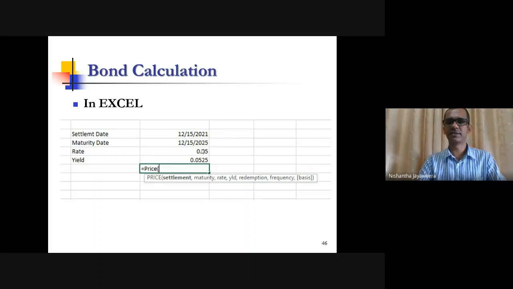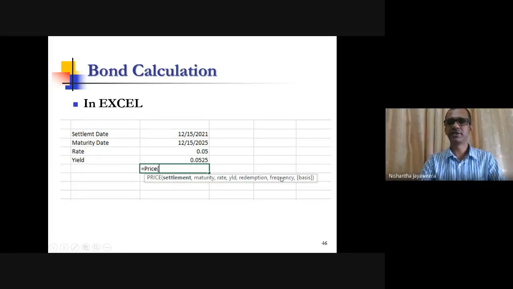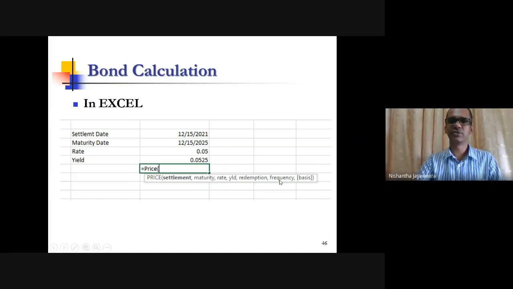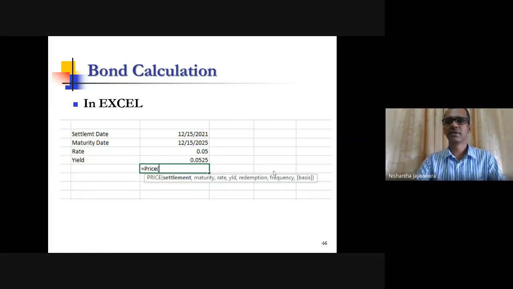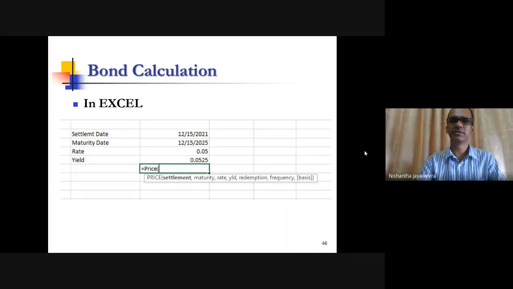I don't know why they ask it, but you have to type 100. Then the frequency, that means coupon frequency. It will pop up a few frequencies, most commonly used frequencies. You can select one of them appropriately. Then the day count basis, whether it's actual, 365 or 360.